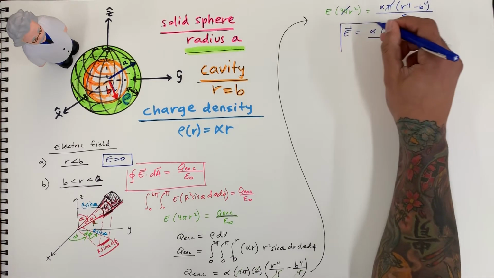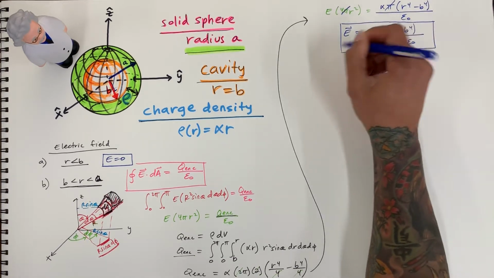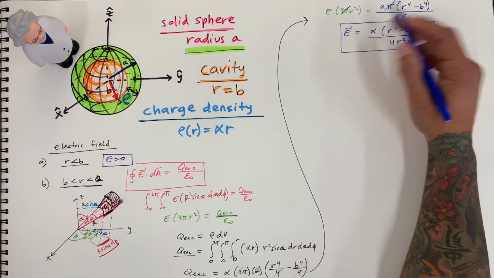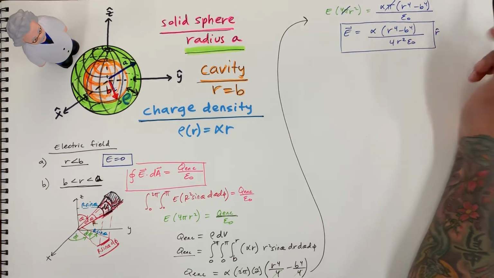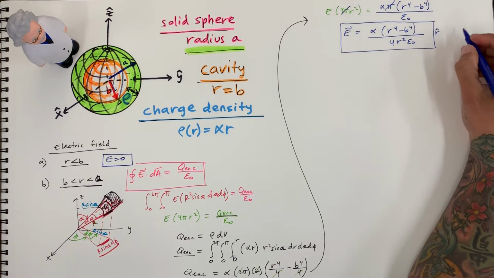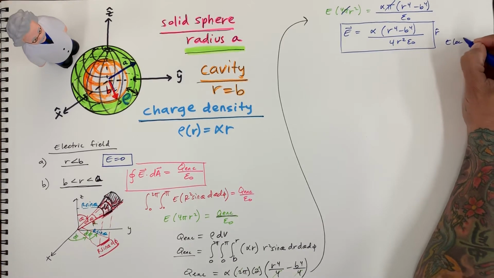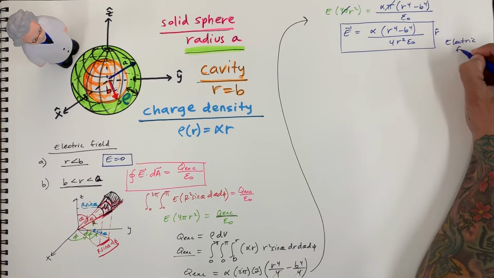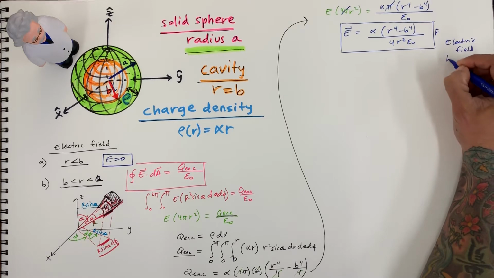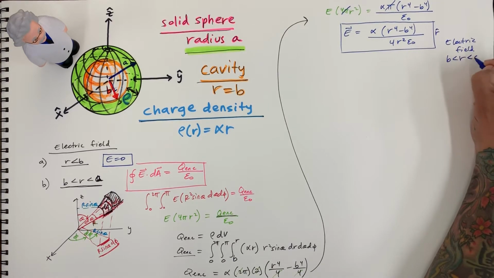Okay, so this is the electric field. I put a vector there, it's in the radial direction going outward. And this is the electric field for the region between B and A.